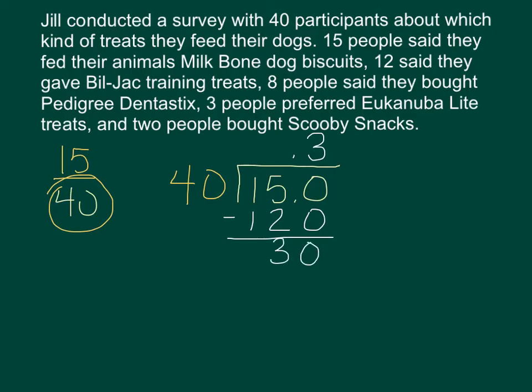And we're going to need to bring down another 0. And 40 can go into 300 7 times. And 40 times 7 is 280. 300 minus 280 is 20.